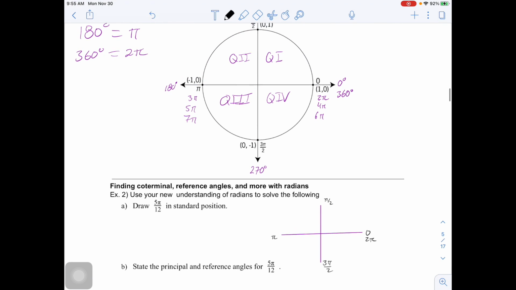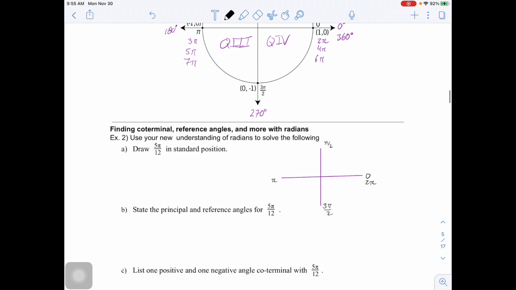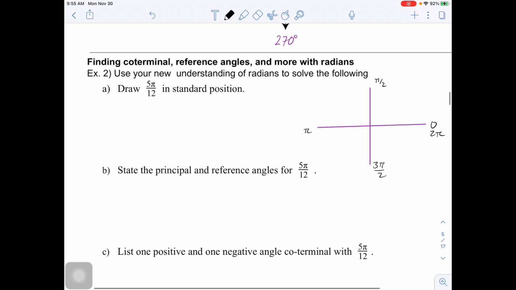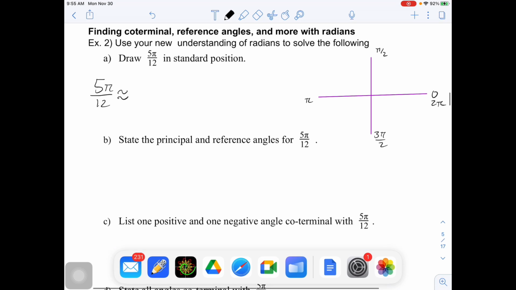Okay, now, so this means I don't really know exactly where it exists in here. So at this point, it might be actually useful to figure out what this number actually equals. Okay, so like 5 pi over 12, let's see what that roughly actually equals in radians.